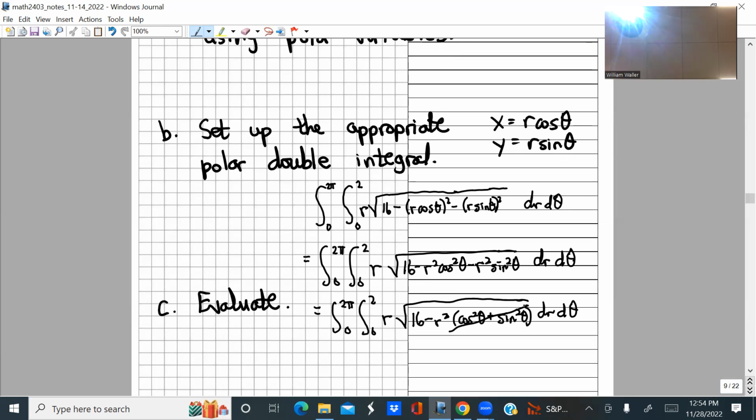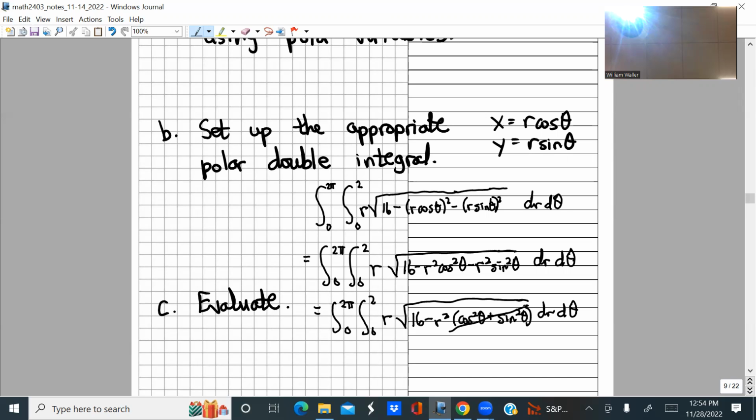And so now you have a much nicer antiderivative. So you have the square root of 16 minus r squared. I think now a substitution will work. Whenever you see square roots in integrands, that is scary because usually the way you deal with square roots in an integrand is using trig substitution.